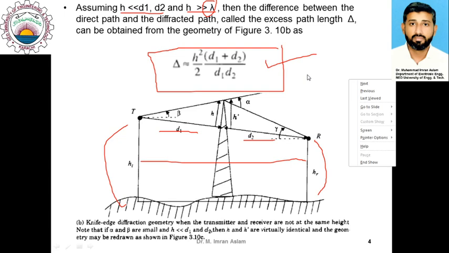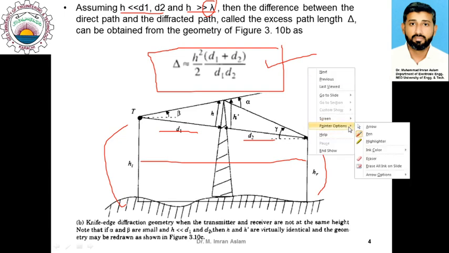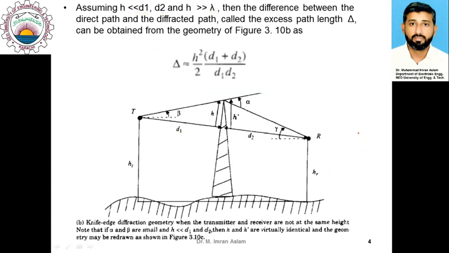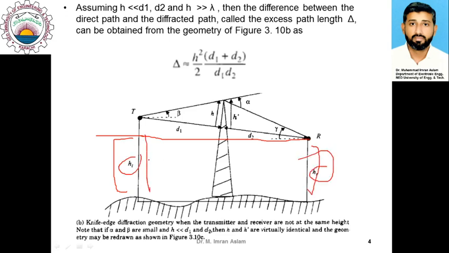Secondly, it is a common practice to simplify the calculation of this path difference. If you draw a horizontal line here, you can see that the bottom part is the same height. This height is HR.